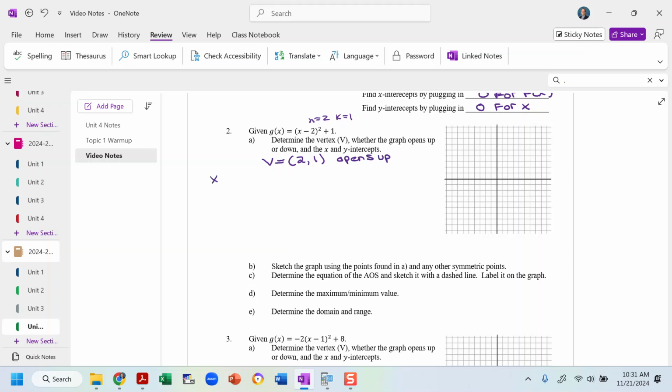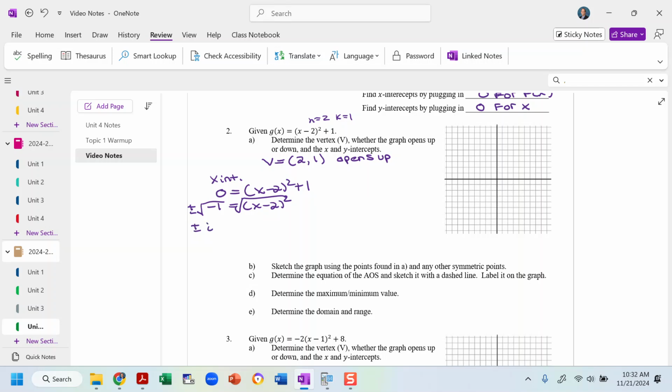So the x-intercepts, when we set g of x equal to 0, we get x minus 2 squared plus 1. So we move the 1 over, and we take the square root, leaving plus or minus.